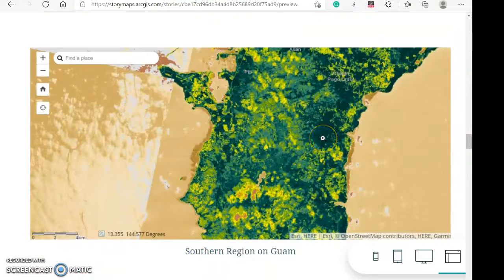And this is the southernmost region of Guam. All these little areas show the lack of vegetation. Mostly there is vegetation there, but this is mostly the tops of mountainous areas and rivers. And then this green color is where the forests are most dense.